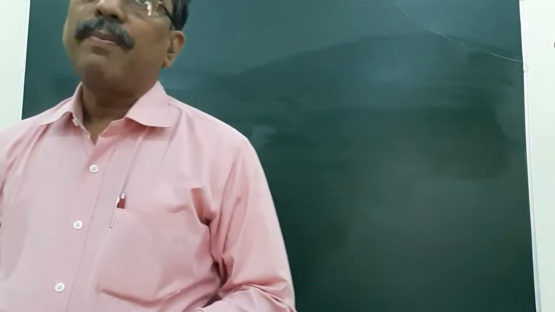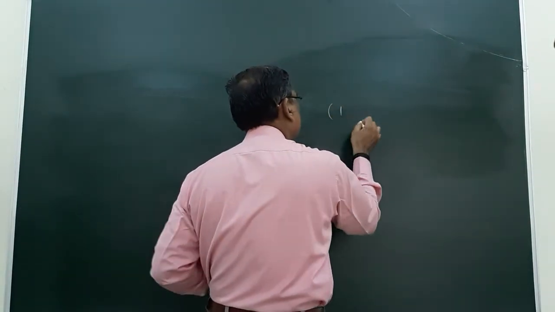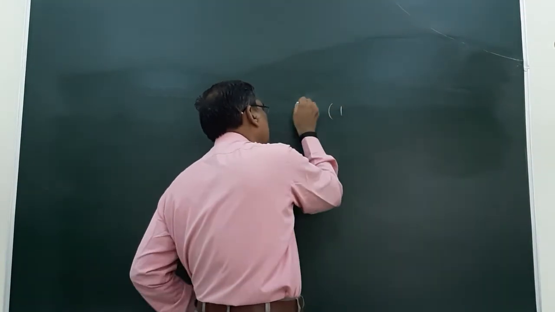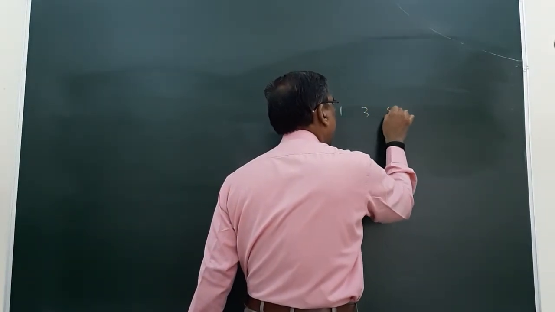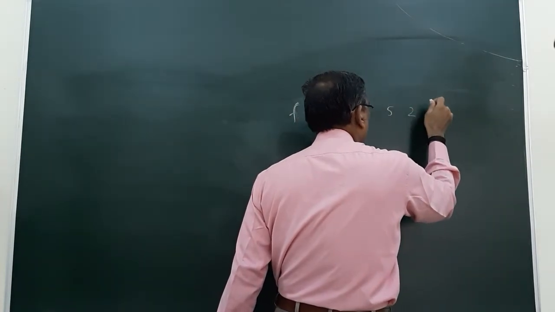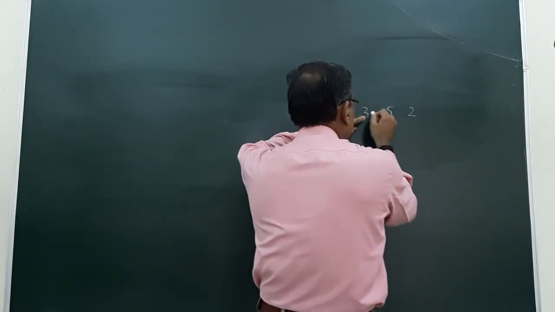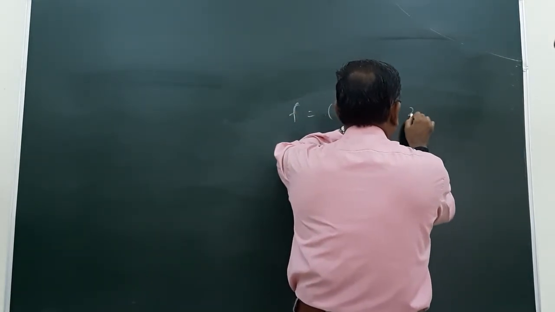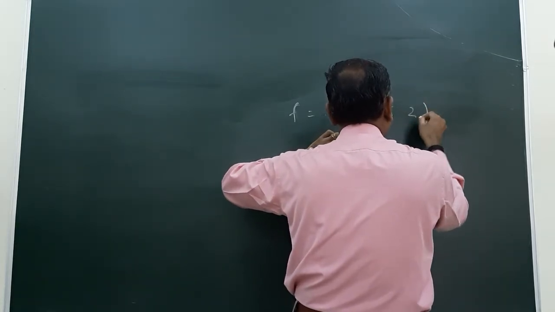Now, the inverse of a cycle. Say we have a cycle f equal to (1 3 5 2). The image of 1 is 3, of 3 is 5, of 5 is 2, and of 2 is 1.